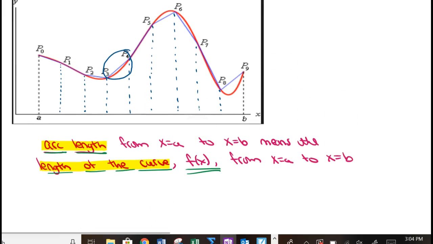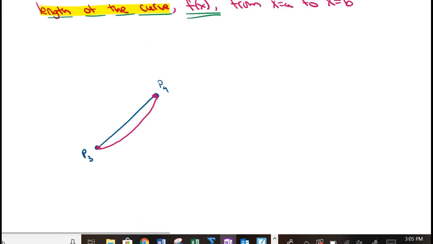What this person did was, when they had this curve, they found points at equidistant distances horizontally on this curve, and they connected these points with straight line segments. Straight line segments.